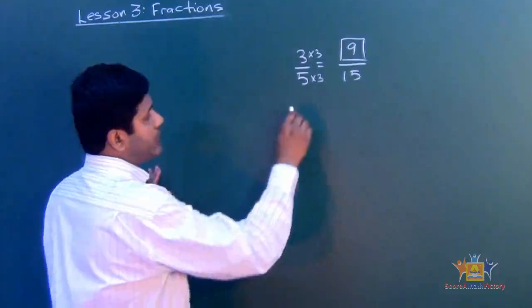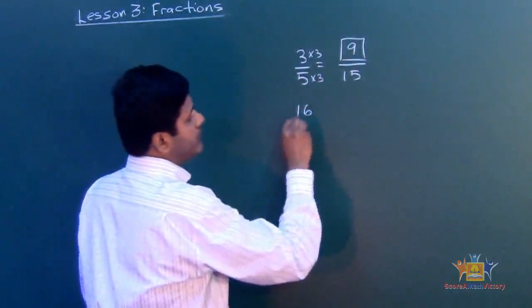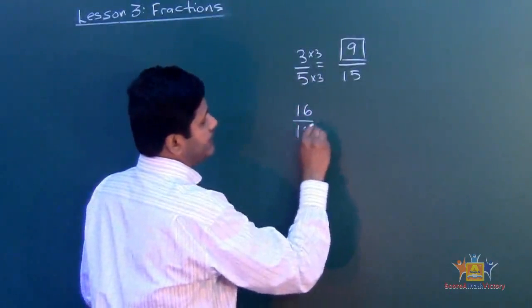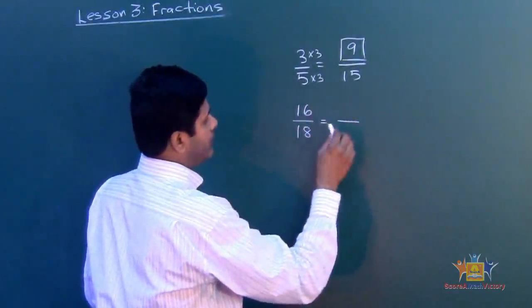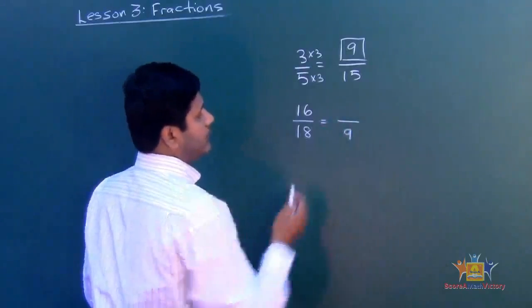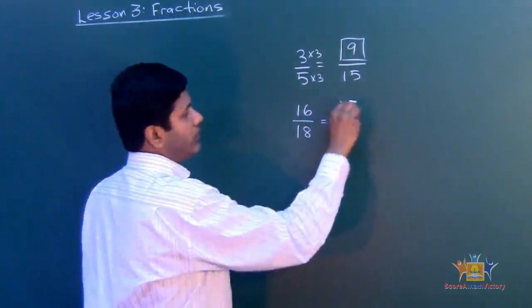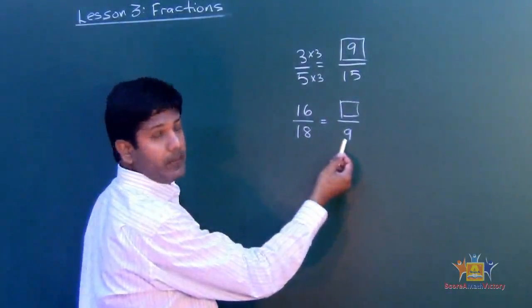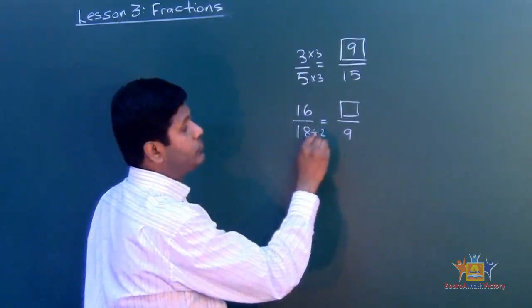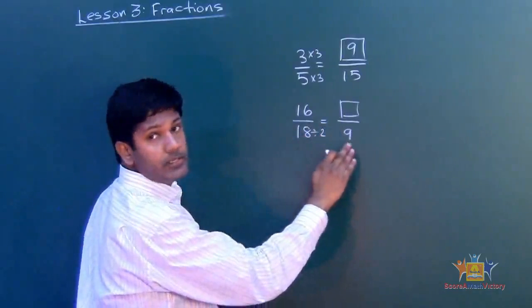Okay? Now let's say for example, if I had given you 16 over, let's say 18, and I want to find the equivalent fraction, let's say for example 9. So what would be this one? Ask yourself, how did I go from 18 to 9? I divide this by 2, because 18 divided by 2 is 9.